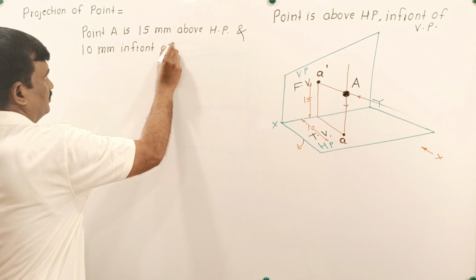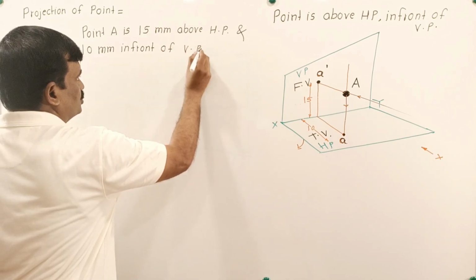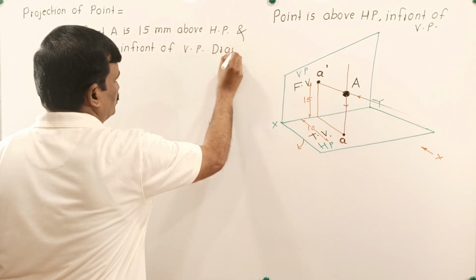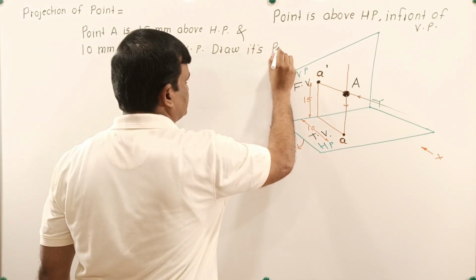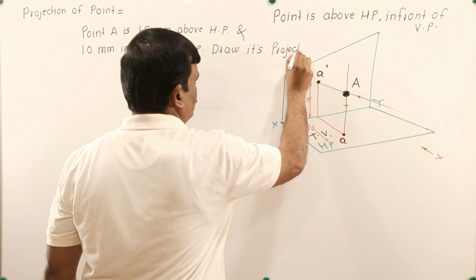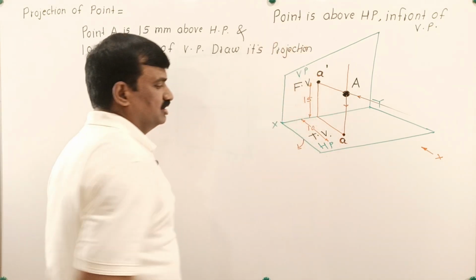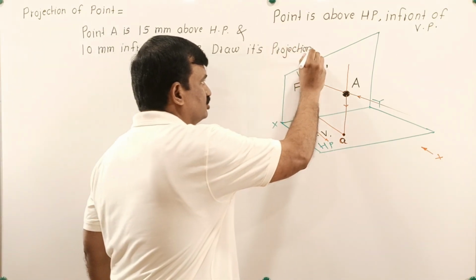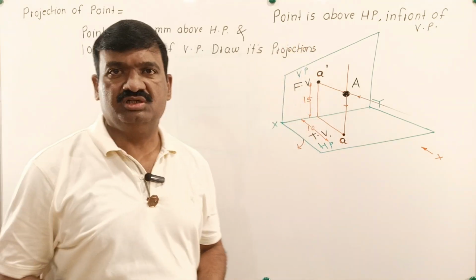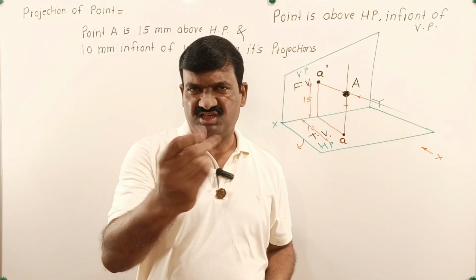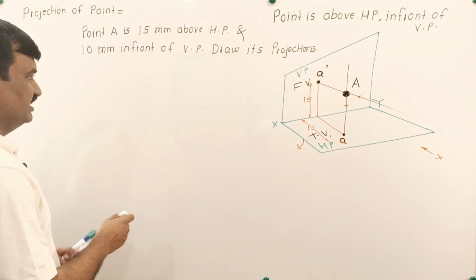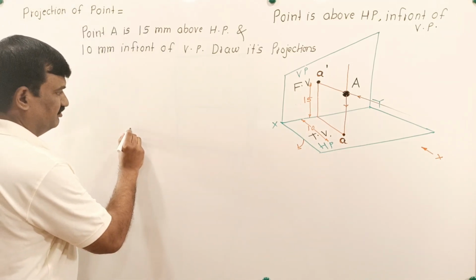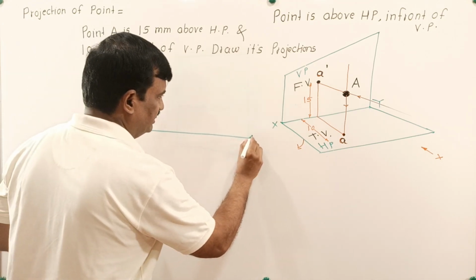The question is to draw its projections. Draw the projections means draw the orthographic projection, that is, draw the front view and top view. We will solve the problem just by using the concepts. First step is to draw the XY line.